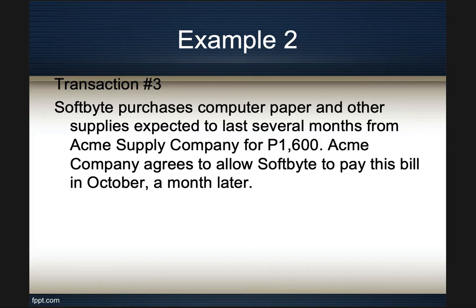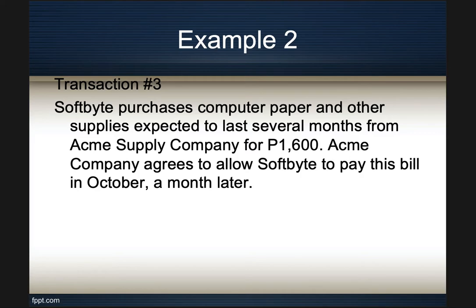Here, the business purchased computer paper and other supplies. In this example, the business purchased computer paper and other supplies, collectively known as supplies, but the business did not pay immediately.